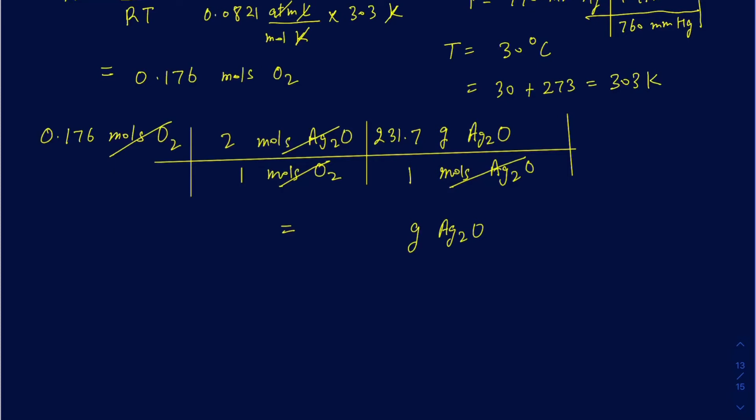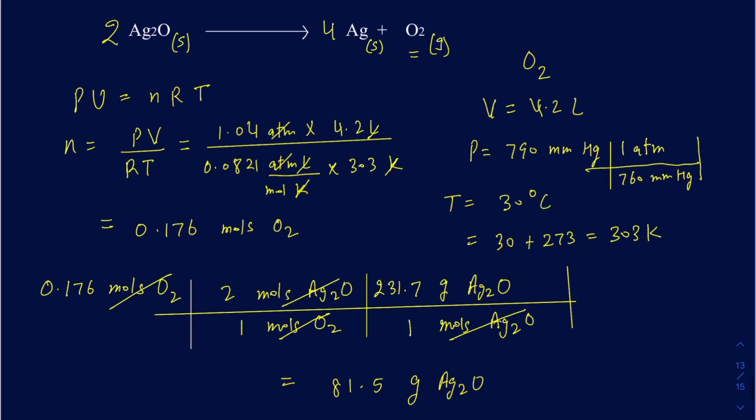So when you do this math, you have 0.176 times 2 times 231.7. That comes out to be 81.5 grams of silver oxide to be decomposed in this particular reaction. Okay, so that's how you're going to be doing this particular stoichiometry problem.